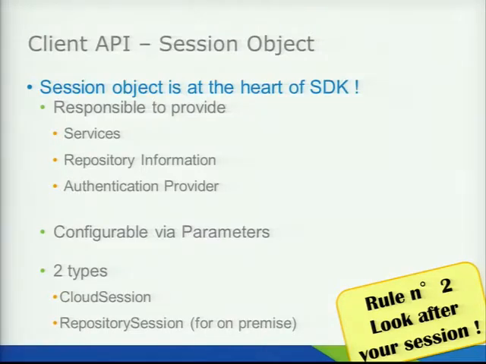It's possible to use it, and some other parameters that you can retrieve on this part. We have two different types because the Cloud server is not really the same as the on-premise server. We created two different types that allow you to have more information and more capacity.